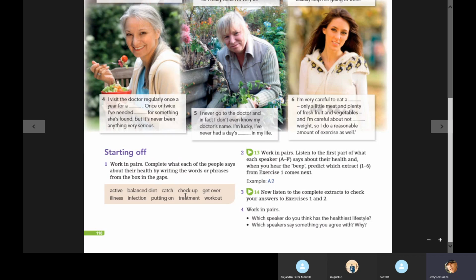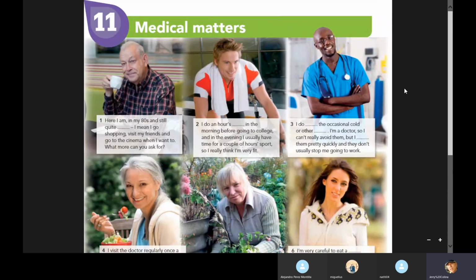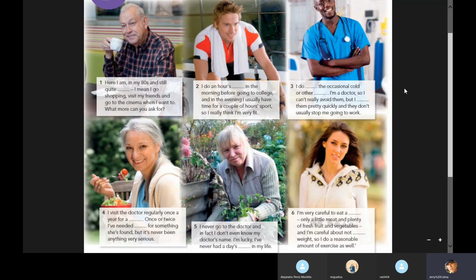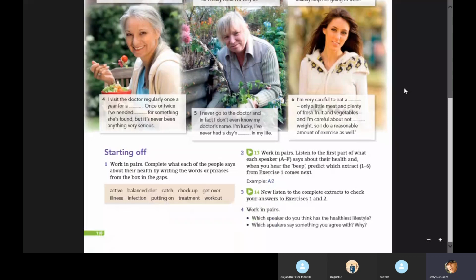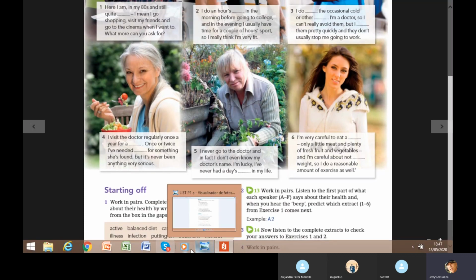And you have to choose the adequate word or expression to fill in the blanks that you have for every single person on page 118. I'm going to give you some minutes for you to, number one, read the expressions that you have in exercise 1. If you don't remember the meaning, use your dictionaries and then fill in the blanks. Okay, tell me when you finish.